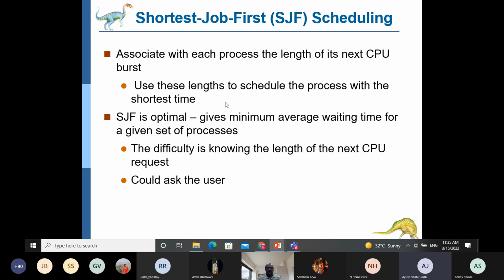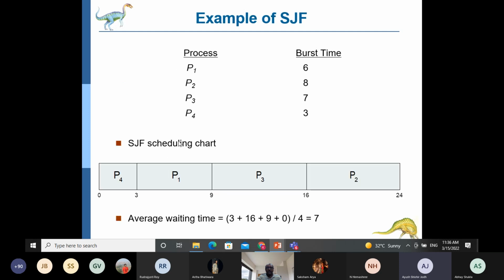If you look at this example, these are the CPU times, and process P4 has the least time. If you schedule the processes as per the burst times, you can see that the waiting time will be somewhat small. Otherwise, if you go by first come first served, you get more waiting time, because process P4, as per the sequence, is in the last turn.